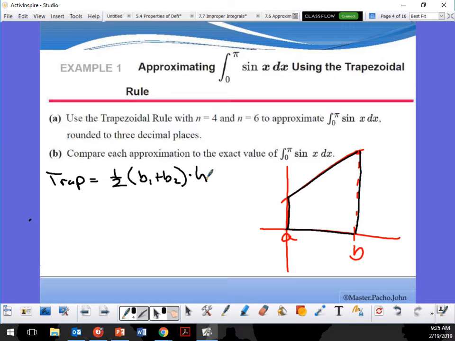If I'm looking at this one, my B1 is from my A, right? That's f of A, the value from here to here. My B2 is f of B, this value right here. The height is going to be here.